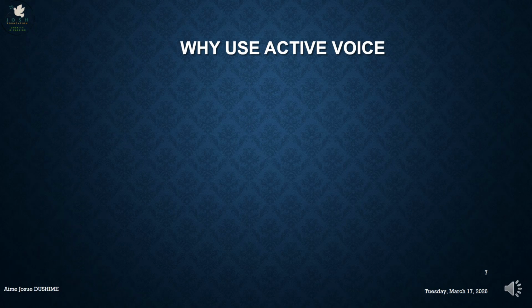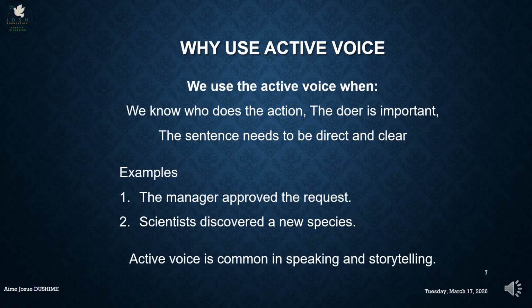Why do we use active voice? We use active voice when we know who does the action, when the doer is very important to mention, and in that case the sentence needs to be direct and clear. I can say the manager approved the request.